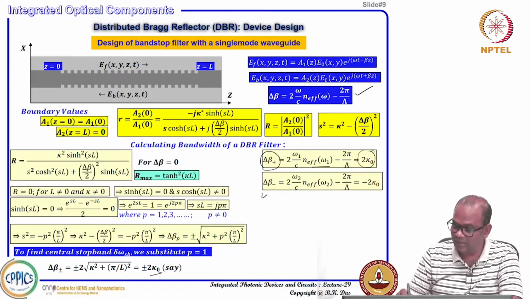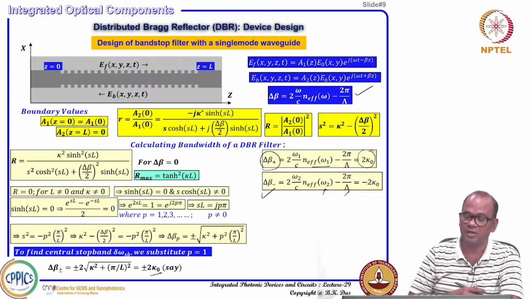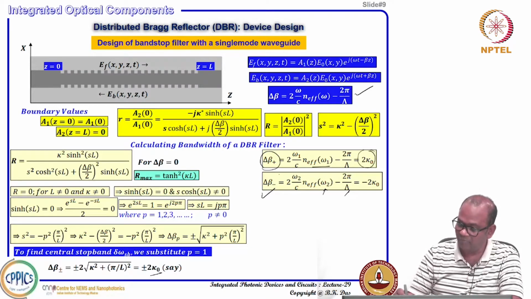And for delta beta minus, where the reflectivity is 0, the corresponding frequency must be omega 2. We write omega 2 with 2 pi by lambda, lambda being fixed, and that is because of minus 2 kappa naught. So at this point we have plus 2 kappa naught, where you can have reflectivity 0, and minus 2 kappa naught, delta beta equal to minus 2 kappa naught.